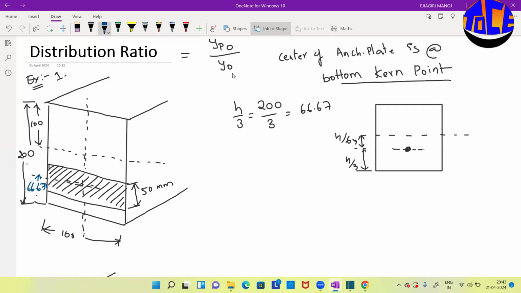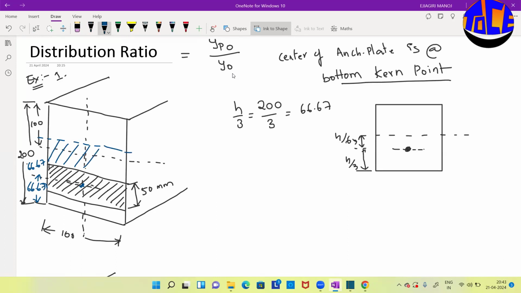Now you have the eccentricity, where the anchorage plate is located. It is 66.67 from the bottom, and above the center of the plate also take 66.67. So it will be somewhere over here.